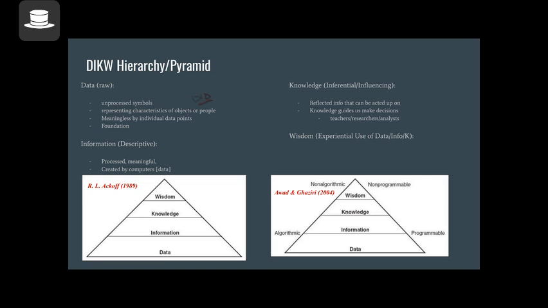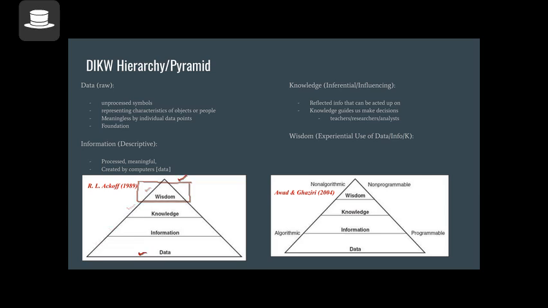Now, these unprocessed symbols are meaningless, simple data points, but they form the foundation to our understanding of the world around us if we can utilize it properly. And the steps that he proposed were the basic being the data, the next is the information, followed by knowledge, and finally the wisdom. And our main purpose should be, in the long haul, to be able to gain wisdom through the data that is available in the world.